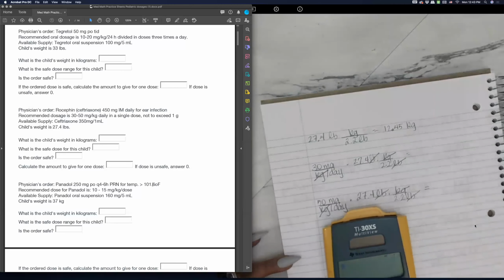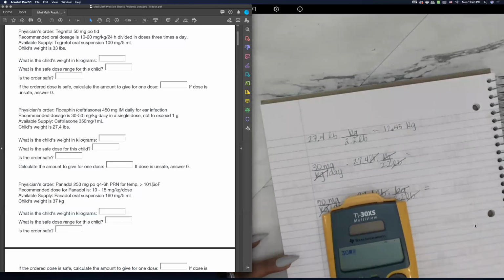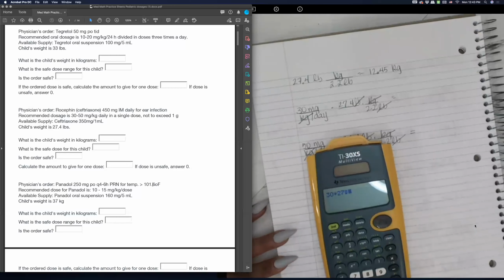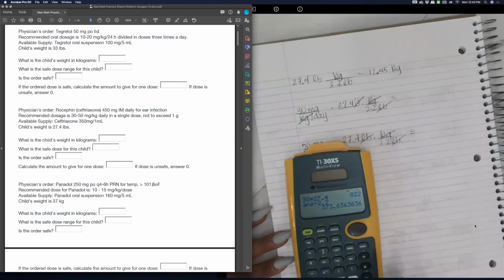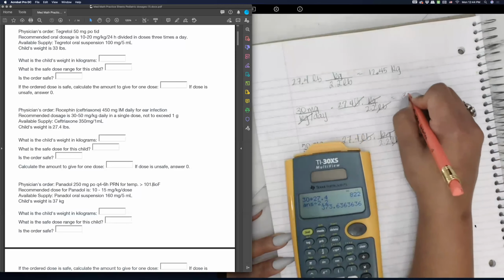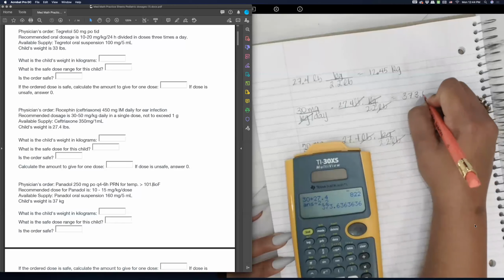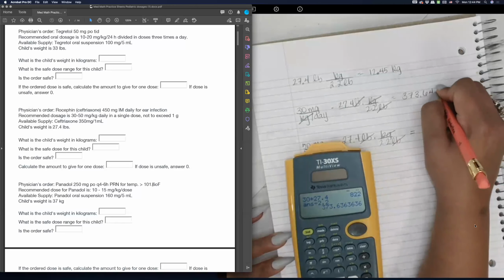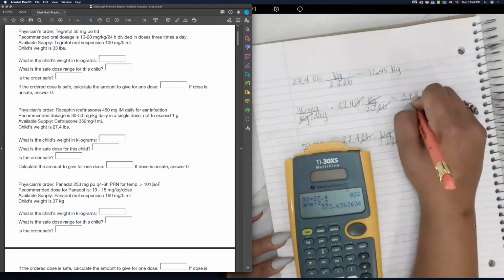So 30 times 27.4 divided by 2.2 is going to give us 373.64 milligrams per day.